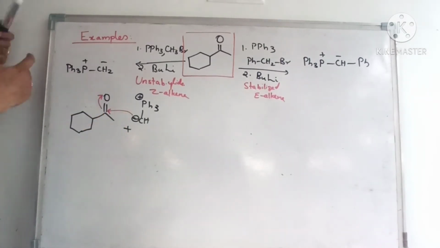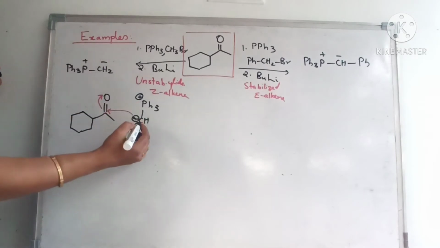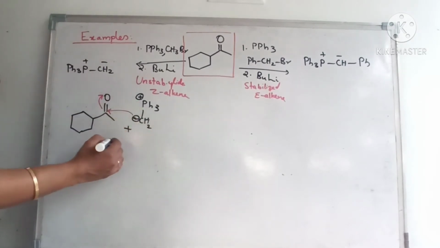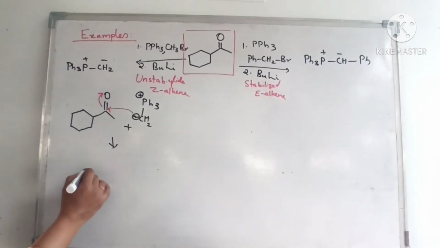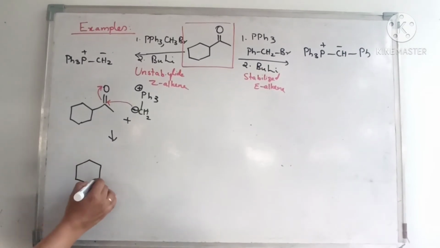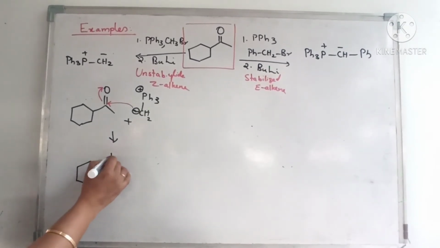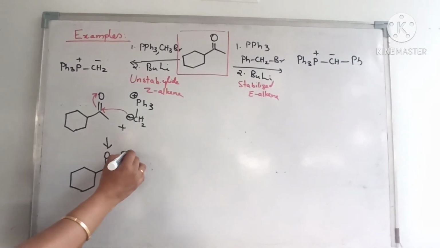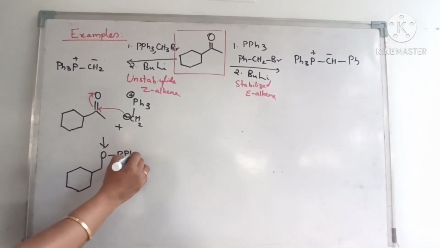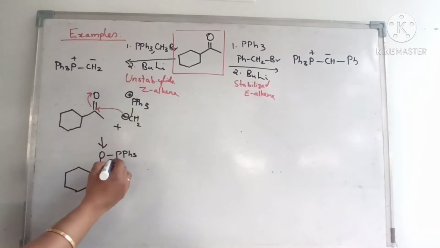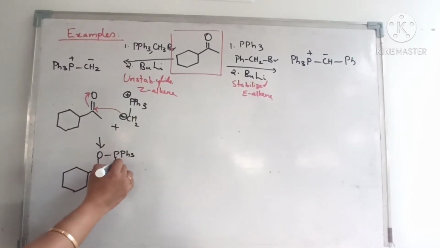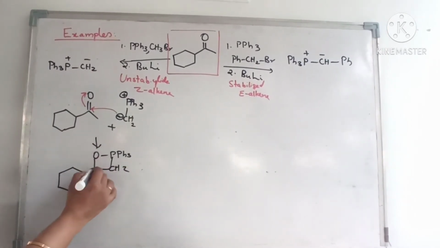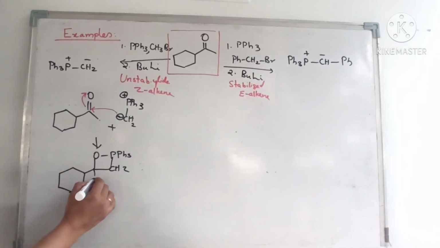Okay, an oxaphosphetane intermediate will be formed, so you will be getting an unstable oxaphosphetane intermediate over here, oxygen, PPh3, over here CH2, and here one methyl group, this methyl group.